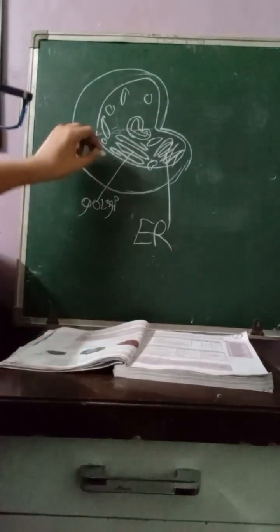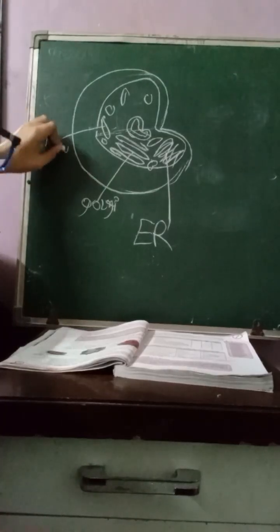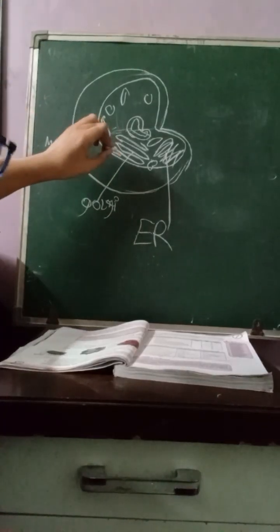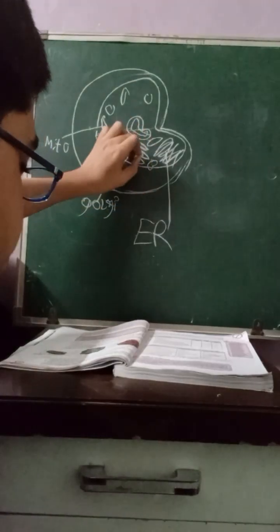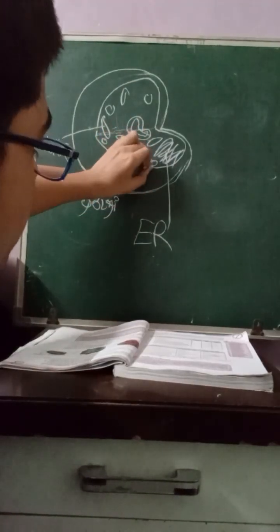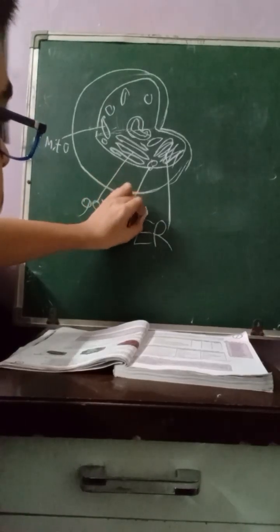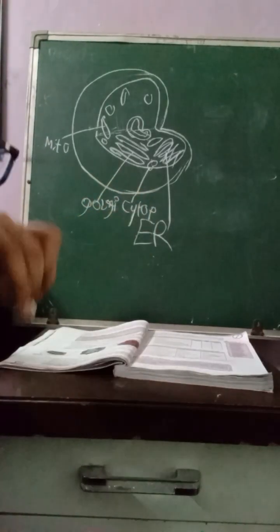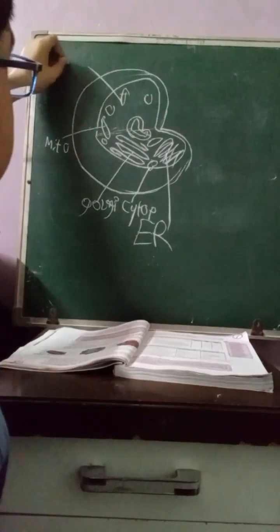Now, we got this thing, which is the mitochondria. And then we got this. Where is it? I lost it. Yeah, this is the cytoplasm. And then we got these things. This is a vacuole.